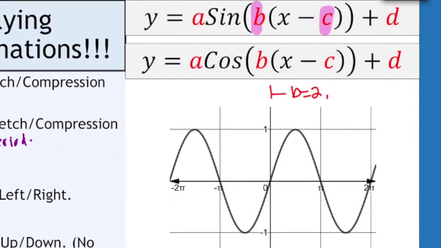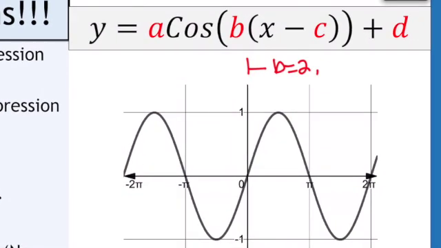Well, if you're going twice as fast, it should take you half the amount of time. So if we go twice the speed, then we need half of the period. If this is the original period, and now we're going twice the speed, it's going to take us half the amount of time to get there. So this is going to give us a distance of pi.